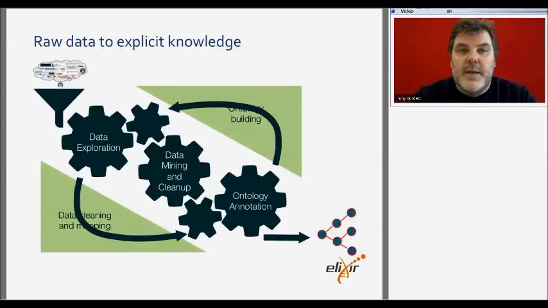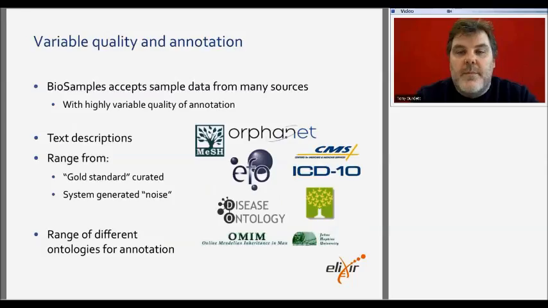So if we move on to the next slide. Just to summarize what I've been talking about so far, we've got really variable quality and annotation on data. That's driven by the fact that biosamples accept sample data from a huge variety of sources, and most of that varies in quality.